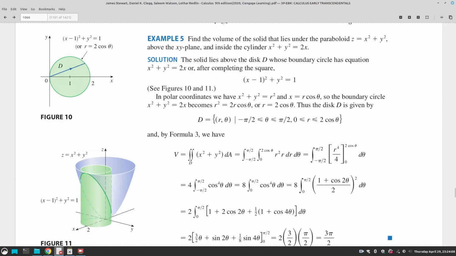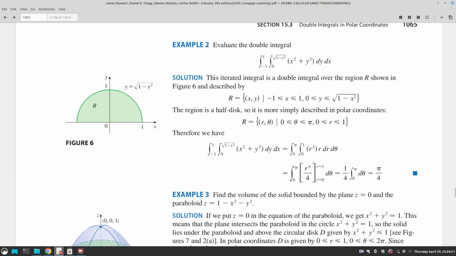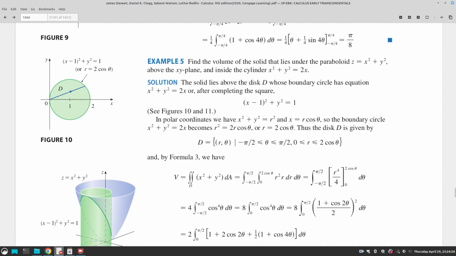Find the volume of the solid that lies under the paraboloid z equals x squared plus y squared. So we have a paraboloid. Okay, I'm sorry, it's not a cone. I mistakenly said that it was a cone. Z equals x squared plus y squared is a paraboloid, and the solid lies above the xy-plane, but below the paraboloid, and inside the cylinder x squared plus y squared equals twice x.